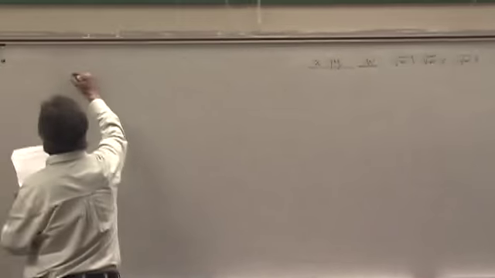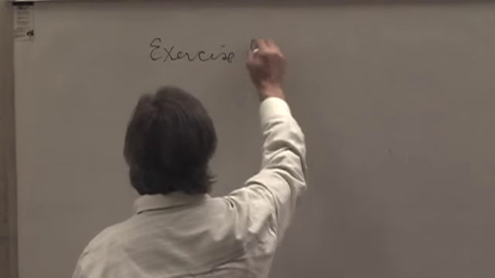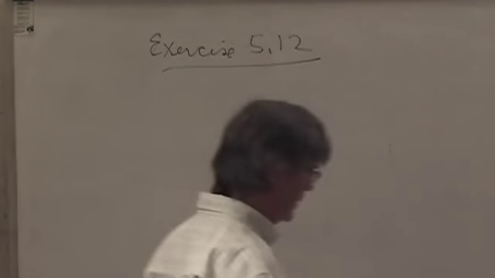Exercise 5.12 states that suppose I have the simple linear regression model, just y equals beta 0 plus beta 1 x plus epsilon, but now we're assuming that epsilon has variance proportional to the square of x. So the standard deviation of the response is going up linearly.